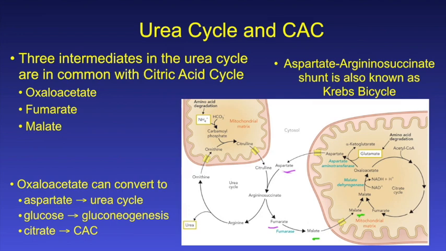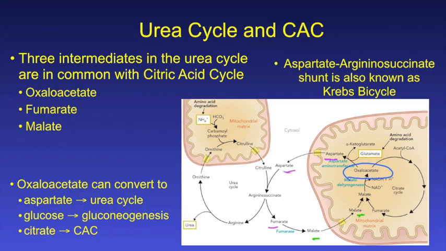Oxaloacetate, if it undergoes transamination, becomes the aspartate. And that's the aspartate that reacts. And so the aspartate, the fumarate, the malate, the oxaloacetate creates a cycle that connects the citric acid cycle and the urea cycle together. Okay? And so oxaloacetate now becomes a very important molecule.